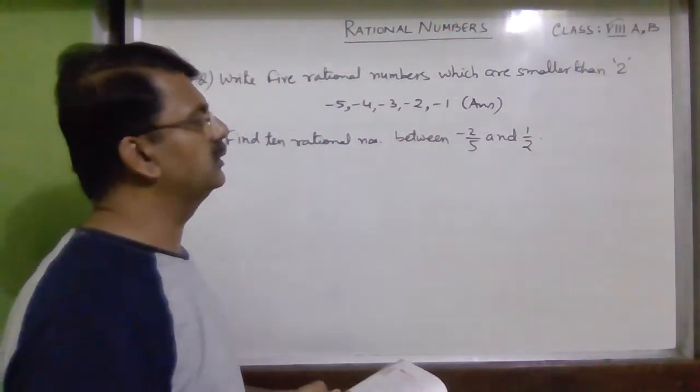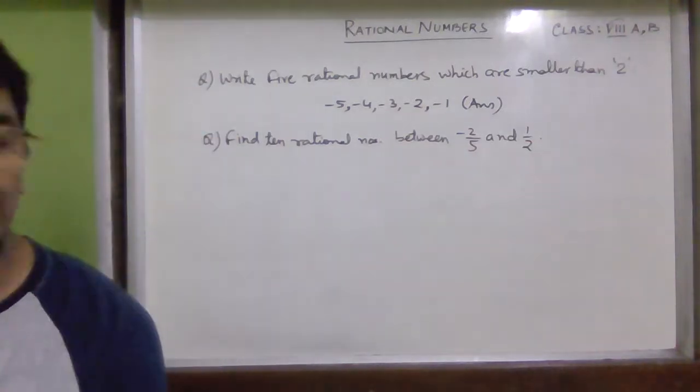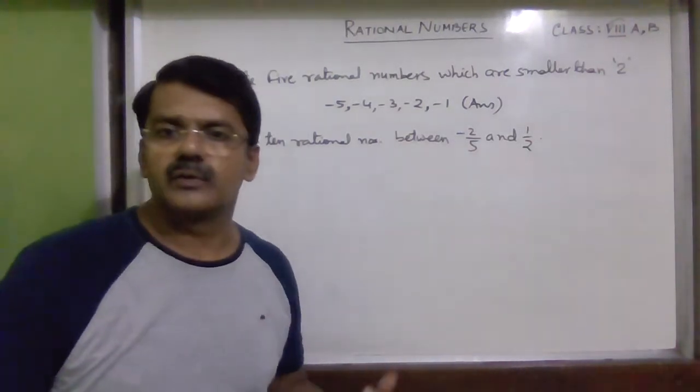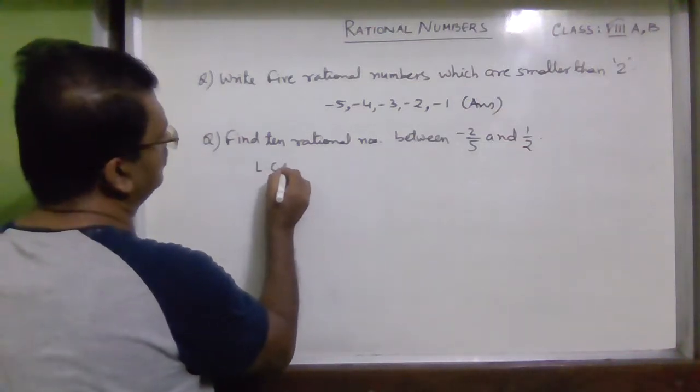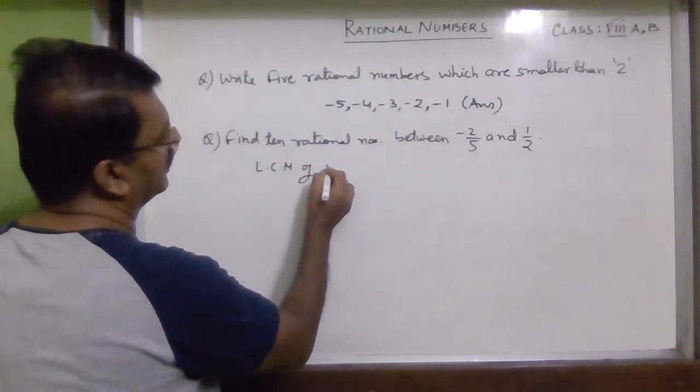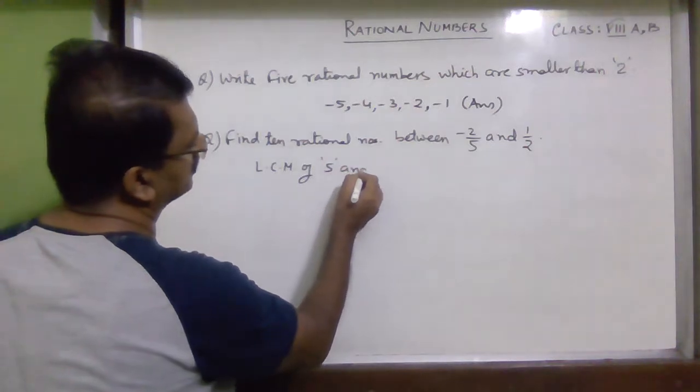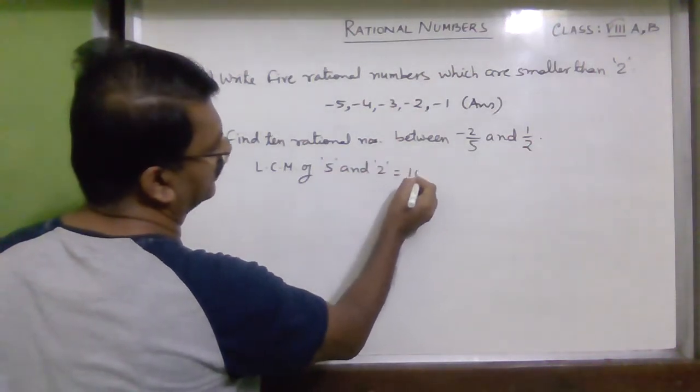So first of all, you see minus 2 by 5, 1 upon 2. The denominators are different. So first of all, we'll make the denominator same. For that, LCM of 5 and 2 will be equal to 10.